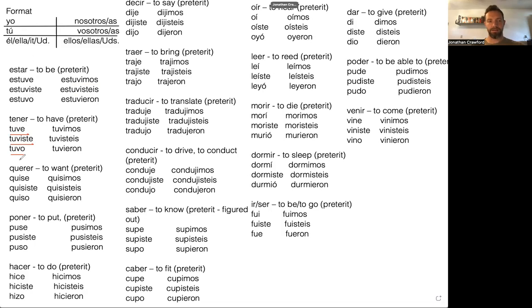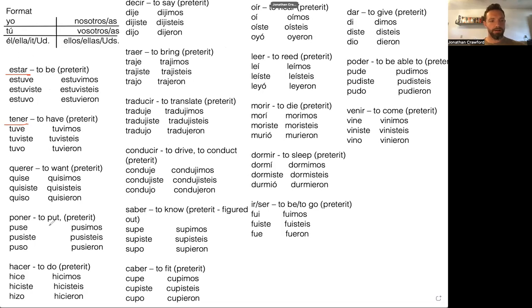She had una cartera, could be wallet or purse, depending on what you're talking about. Tuvimos, tuvisteis, tuvieron. You will notice that estar and tener have similar preterite conjugations. And so they're friends.